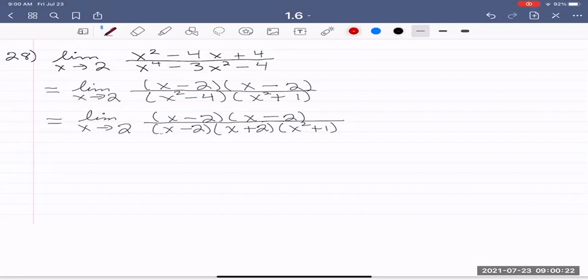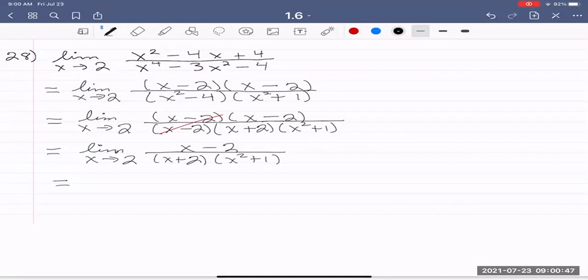I cancel the x minus 2's. So this is equal to the limit as x approaches 2 of x minus 2 over x plus 2, x squared plus 1.